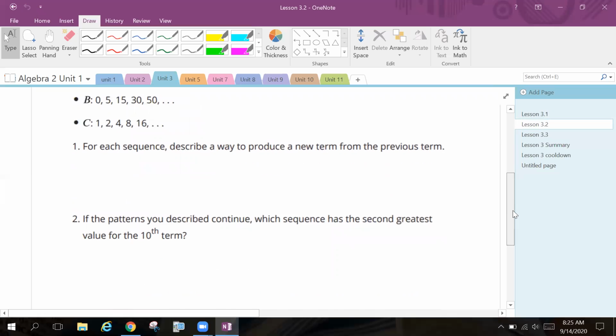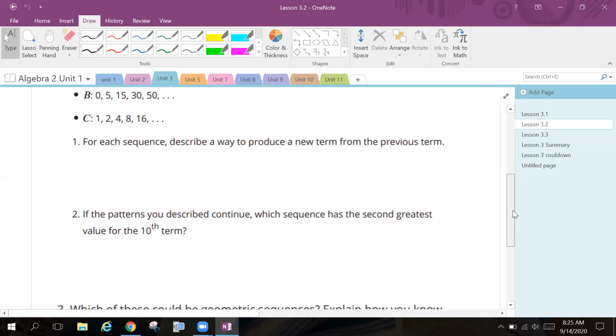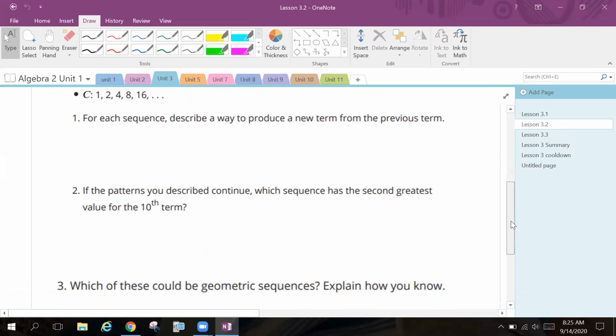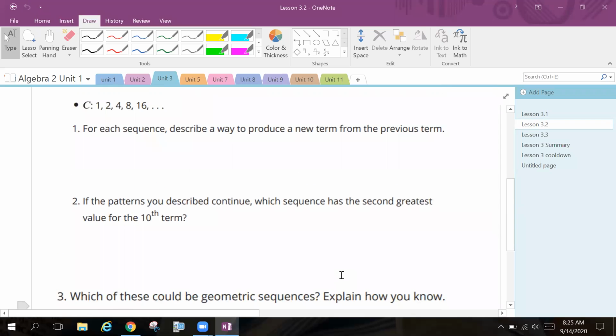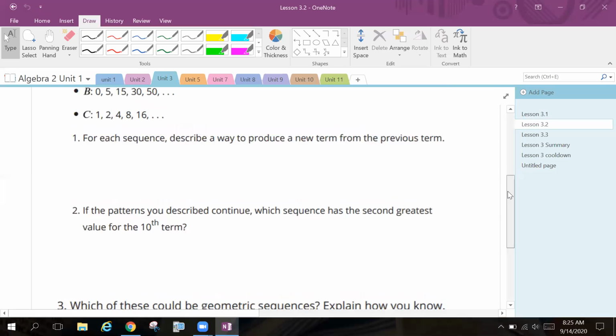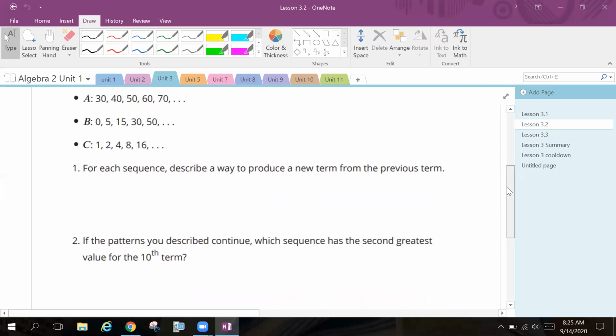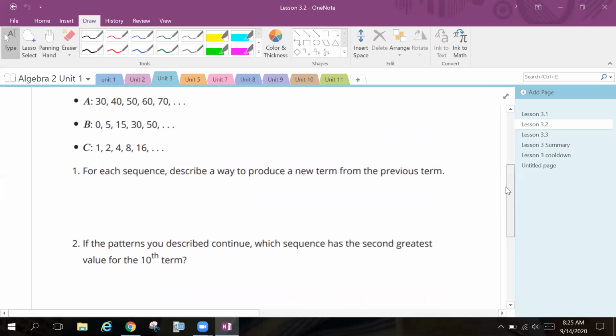And then if the patterns you describe continue, which sequence has the greatest 10th term? And which of these could be geometric? Okay. Geometric is the one where you multiply, that you have a growth factor to multiply.